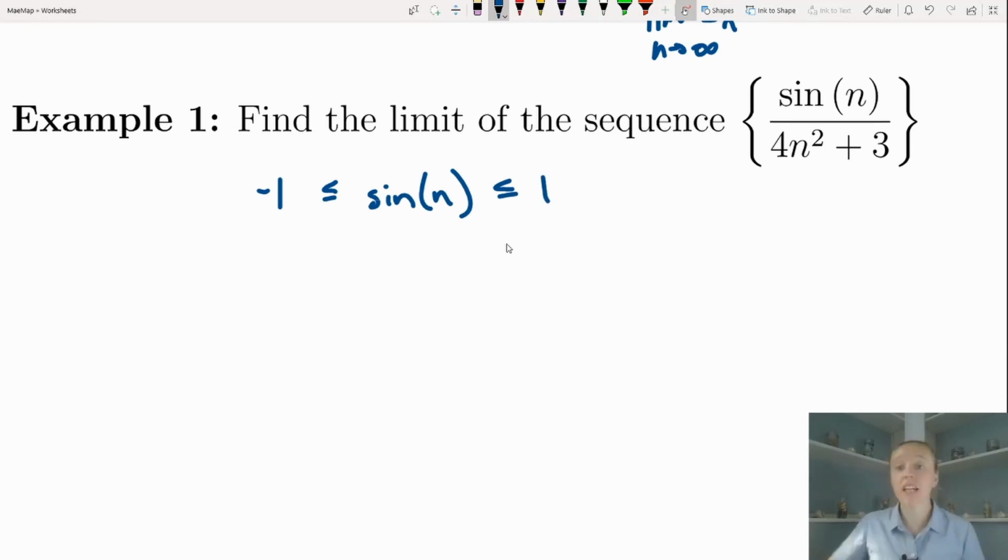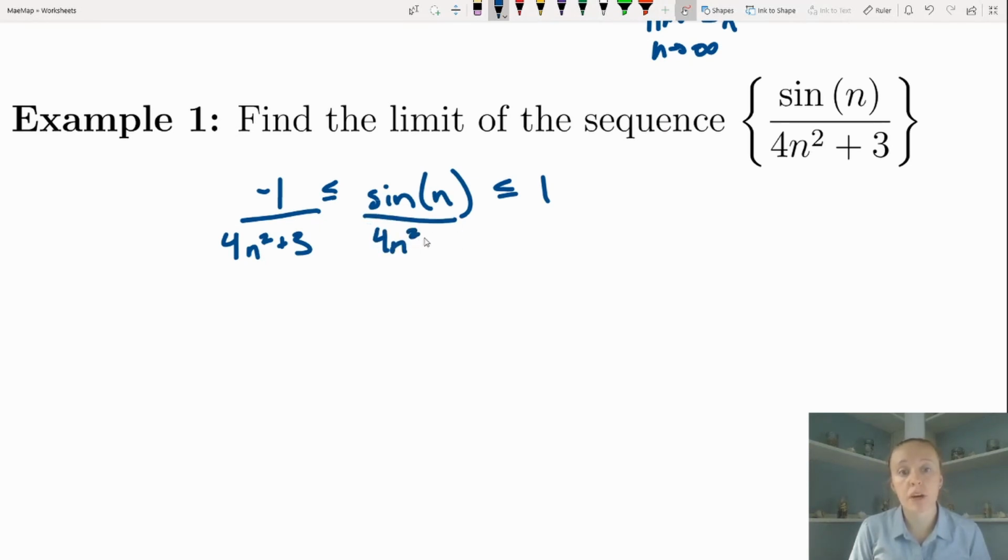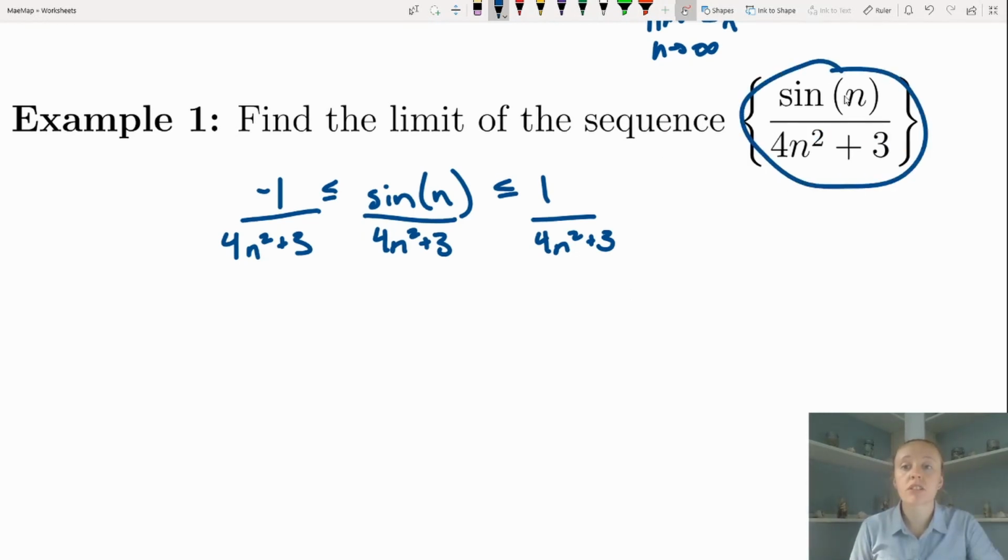Now, if I divide everything by that same exact denominator, everything will still be balanced. So if I divide this by 4n squared plus 3, you can see here's my original, sine of n over 4n squared plus 3, and then I have 1 over 4n squared plus 3 as well. All I did was divide everything by that same denominator so that I have my original explicit formula.